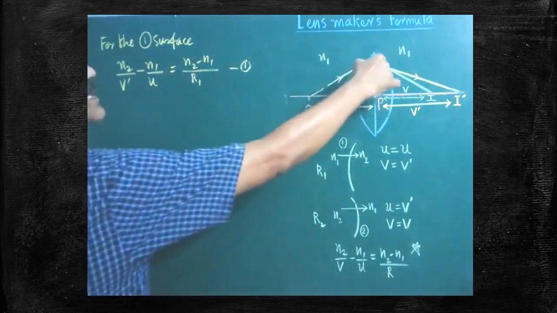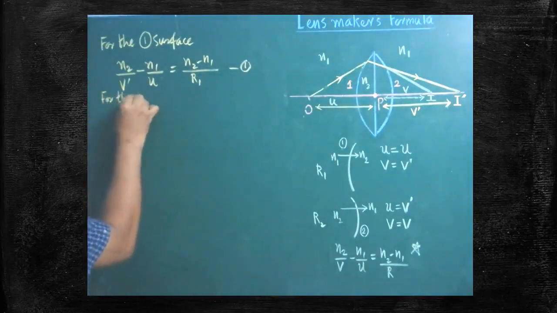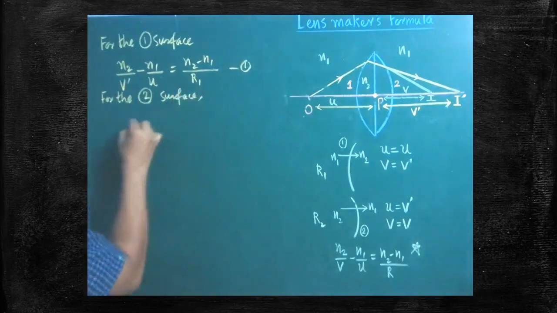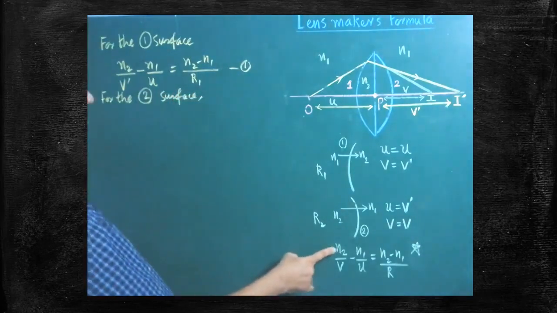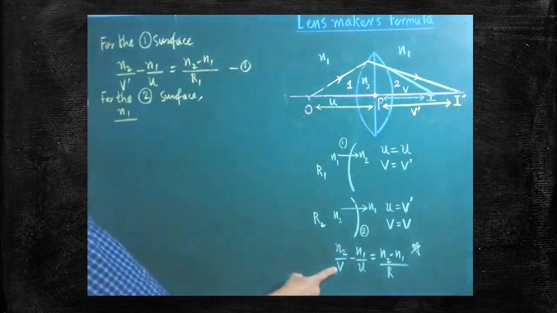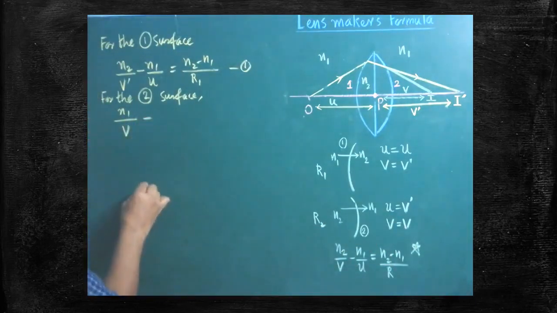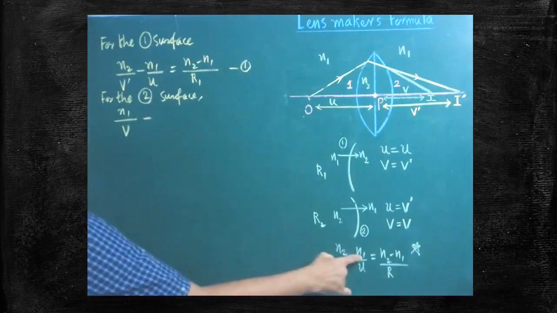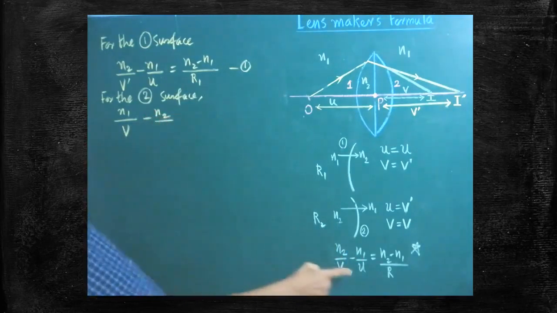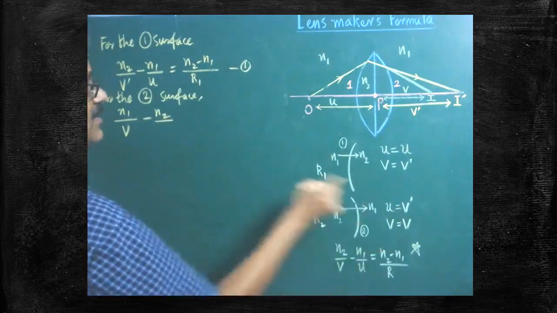Now, let us see the second surface. I am going to write the equation for the second surface, the curved surface. How will you write? N2 means second medium, and the second medium is N1 here. Therefore, N1 divided by V, the image distance, here the image distance is V, minus N2, because the first medium is N2 here, divided by U. The object distance must be taken as V dash.